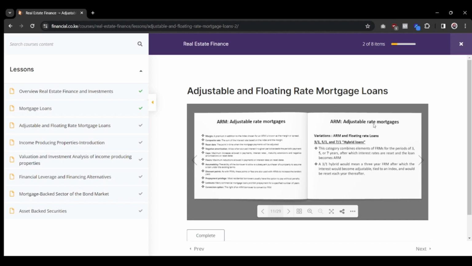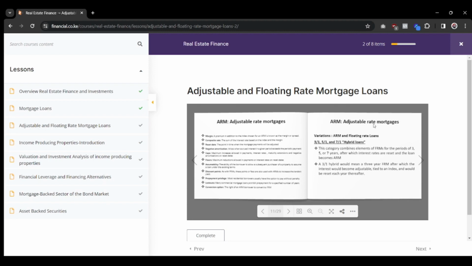This is a premium in addition to the index chosen for an adjustable rate mortgage, and this margin is also referred to as a spread. There's a composite rate. This is the sum of the interest rate based on the index and the margin.